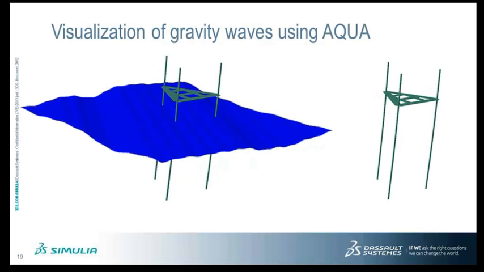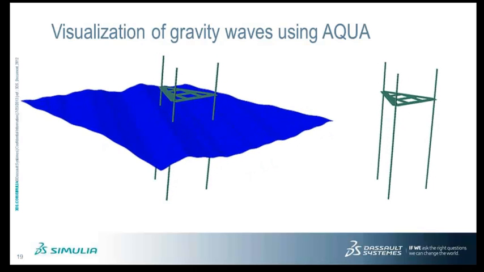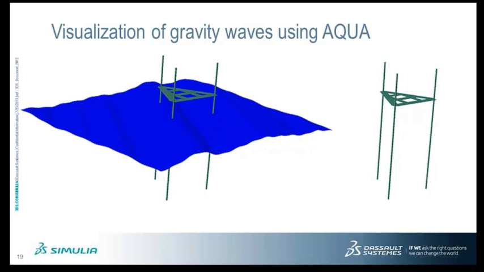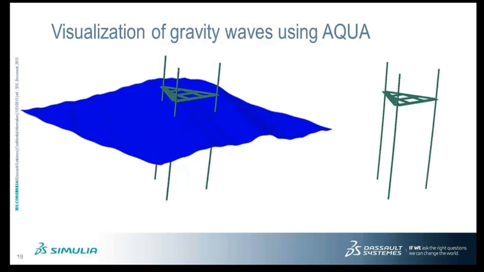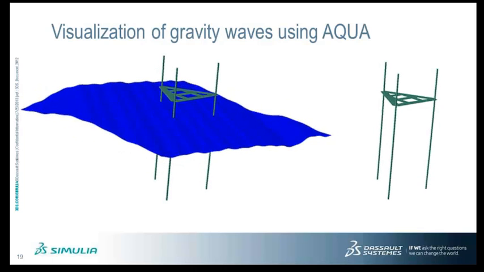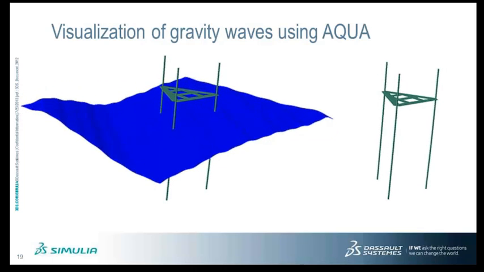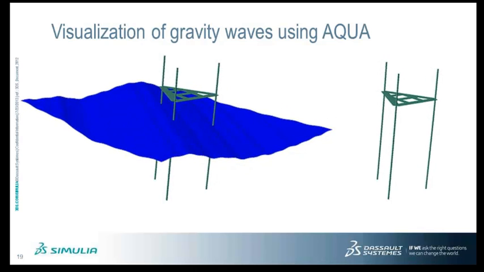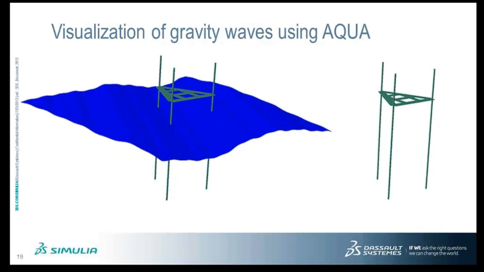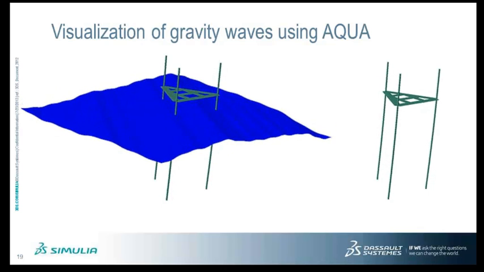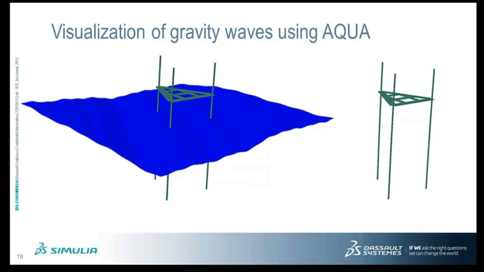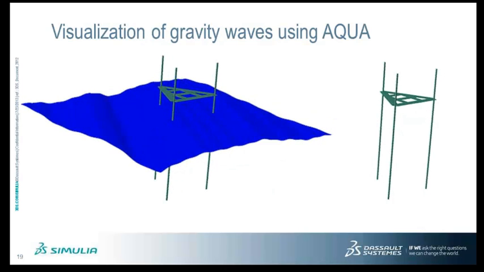This helps you verify that the wave definition that you think you're putting into the model is actually one that's being used by Abaqus, and it also helps you ensure that Abaqus is responding the way that you think it should be. The animation on the right is showing you what was previously available, because you couldn't actually see the waves. So this should be quite a help for people who do these types of simulations.